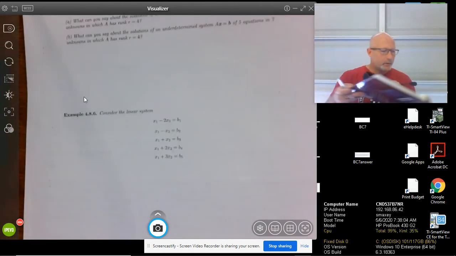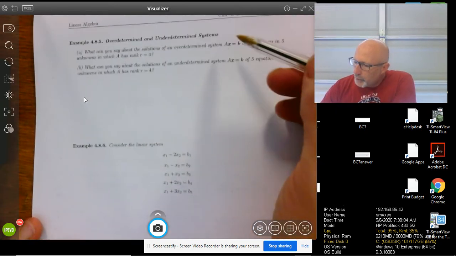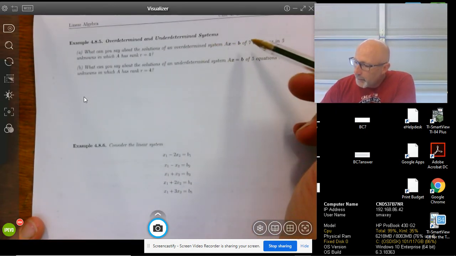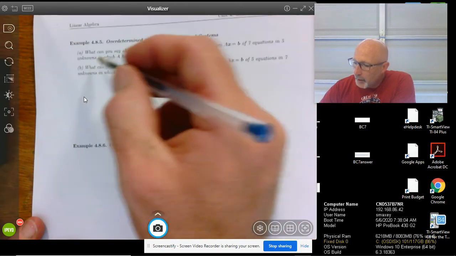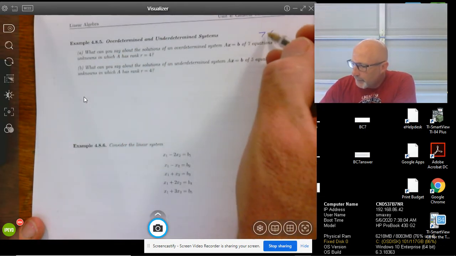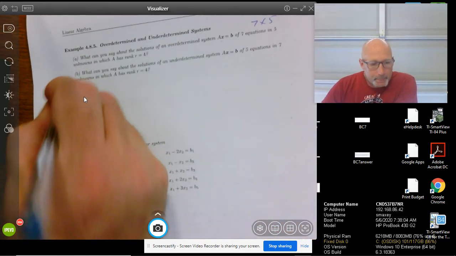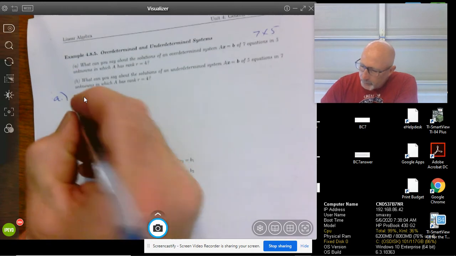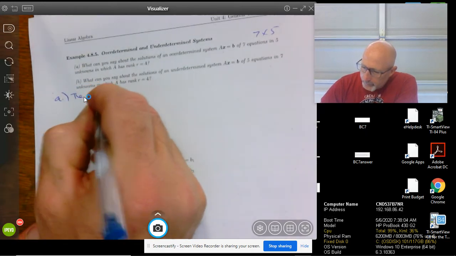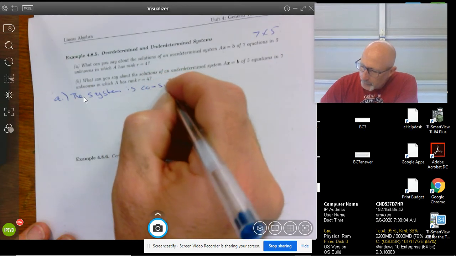Overdetermined and underdetermined systems. Okay, so what can you say about the solutions of an overdetermined system Ax equal to b of 7 equations and 5 unknowns? So 7 equations, that means we have a 7 by 5 matrix. Okay, the system is consistent for some vector b in R7.